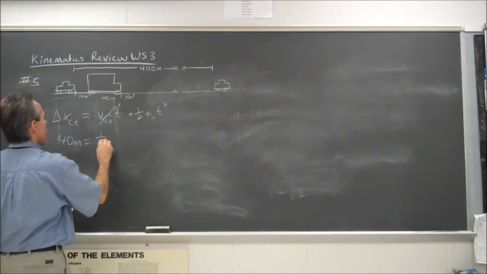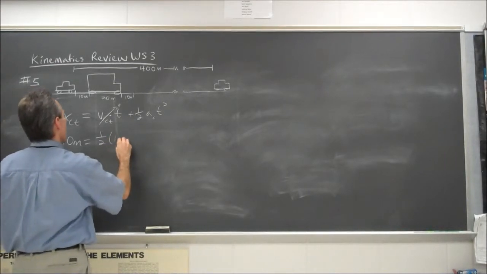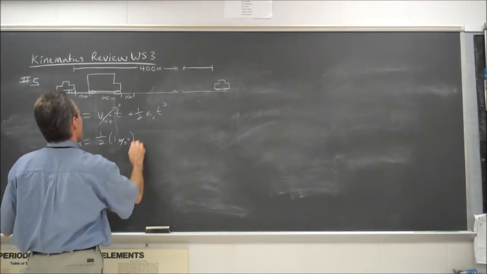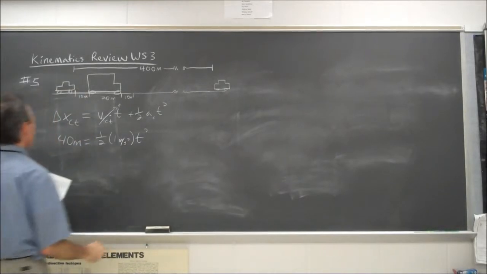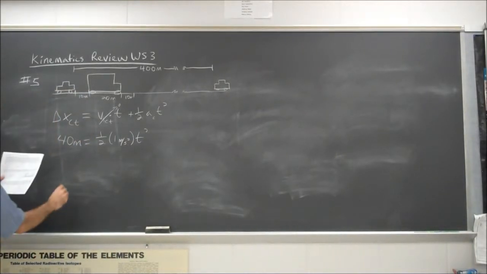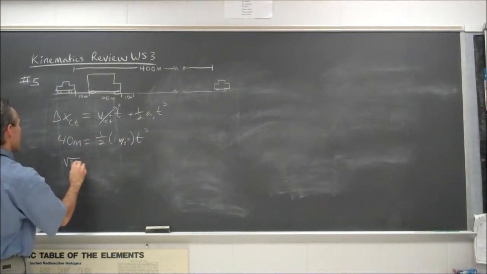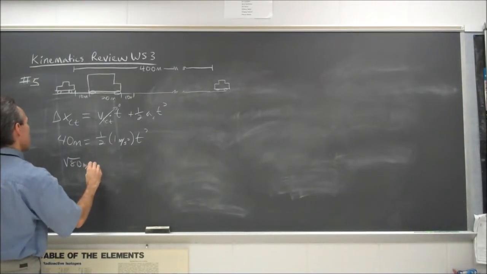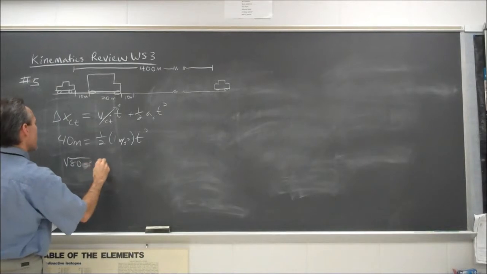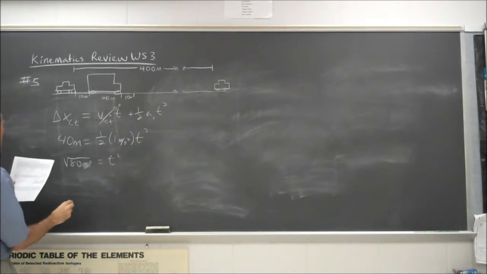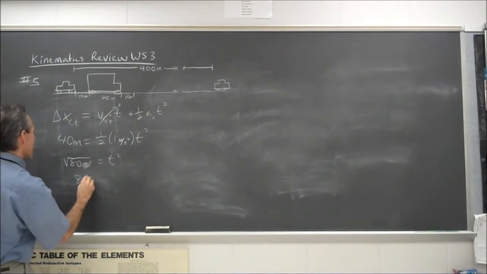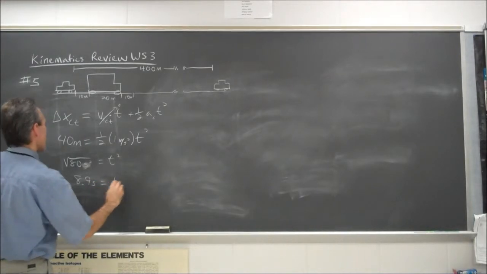So this will be 1/2 the acceleration, which is 1 meter per second squared times t squared. And so this is going to be the square root of 80, 80 seconds squared equals t squared. And you get 8.9 seconds. That's how long it's going to take to pass.